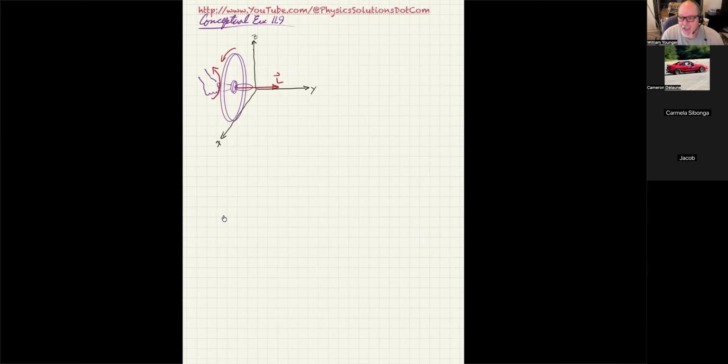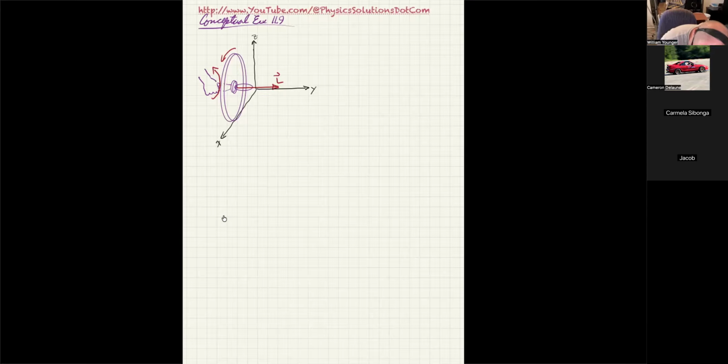So when I go to turn it up by doing my hand like this, that means the torque is actually in this direction.